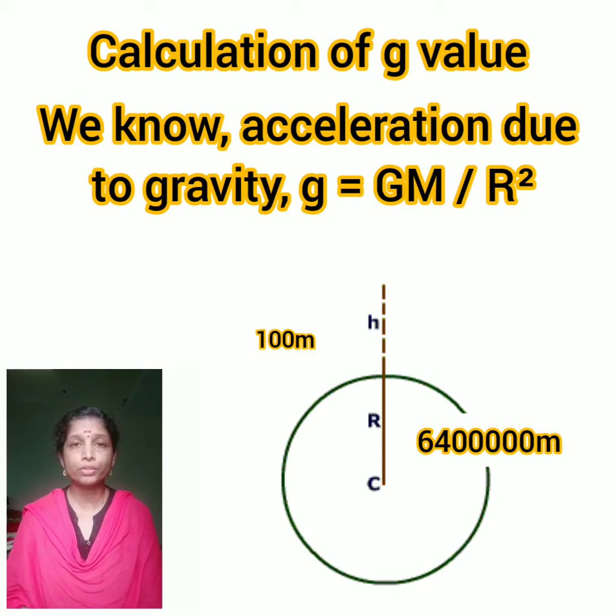So the g value is almost constant, 9.8 meter per second square. When you take 100 meter also, you will get 9.8000-something value. When we adjust to 2 decimals, it will be 9.8 itself. So that is why we are taking the g value as constant, and it is 9.8 meter per second square.